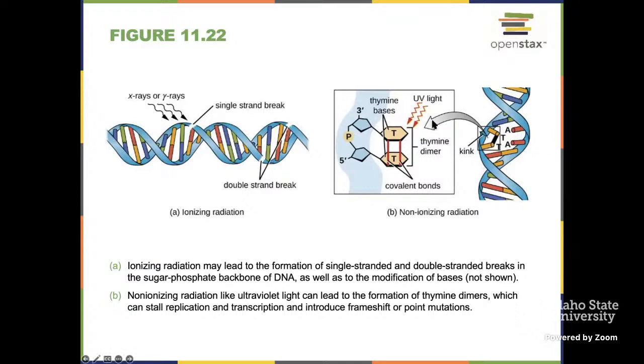We'll see some of that in just a second. I think about my own skin as we think about UV light and the potential damage that it may harbor. It can cause similar things within our own DNA, leading to these dimers. We have repair mechanisms to try to correct that, but it definitely can get overwhelmed.